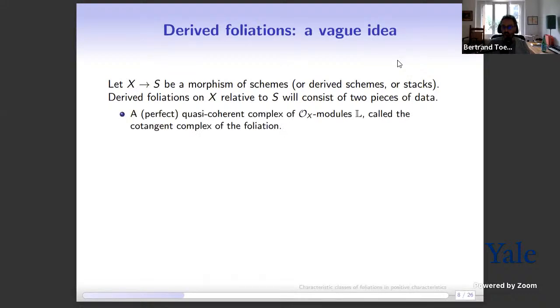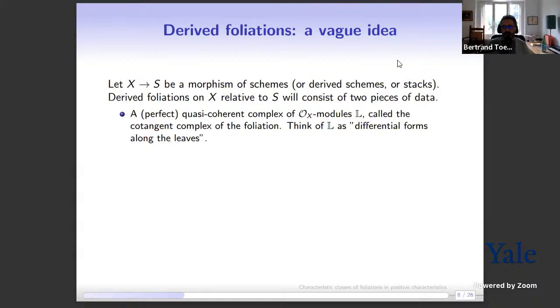The first piece of data will be a perfect complex of OX modules L. And you want to think of L as the complex of one forms along the leaves of your foliation. So L is what is going to replace omega 1 of the foliation. Okay, so forms along the leaves. So this is going to be the dual of the tangent complex.